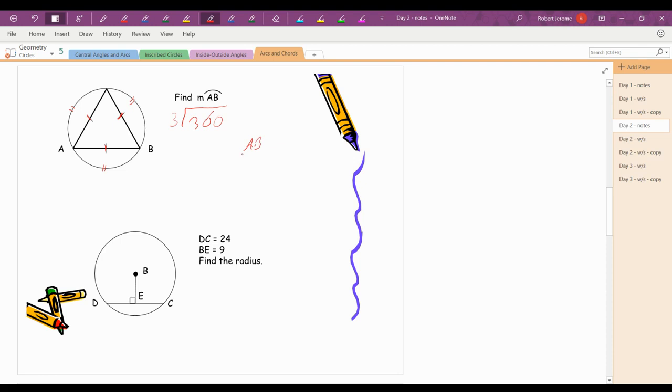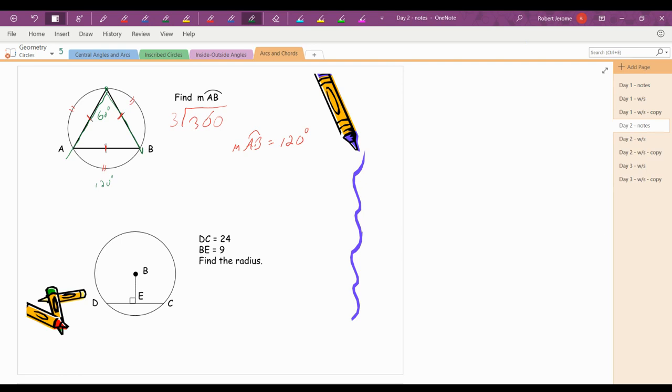So that means the measurement of AB equals 120 degrees. If you think about it, this is an equilateral triangle, and an equilateral triangle has 60-degree angles. Since the angle is on the circle, angle equals half of its arc. So we can do this a few different ways.